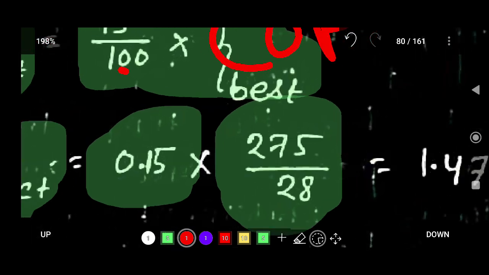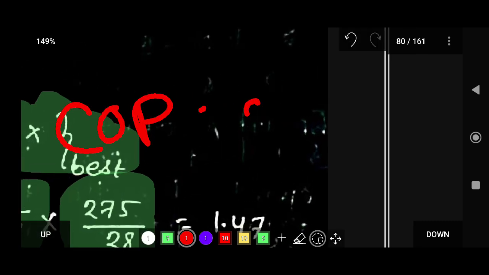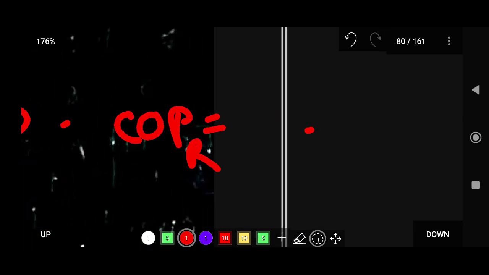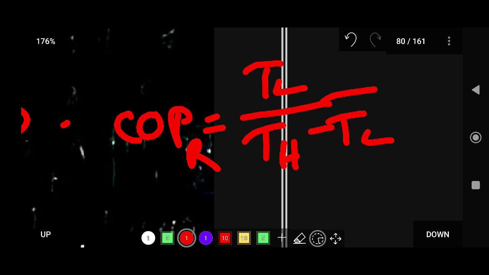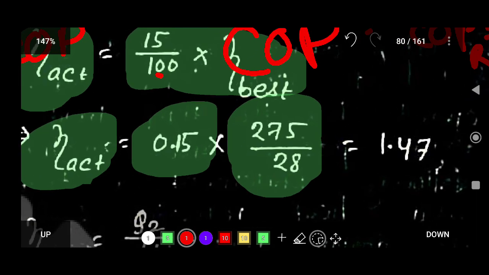We know the formula for the COP of a refrigerator, that is equal to TL upon TH minus TL. Here TL is 275 and TH minus TL is 28.